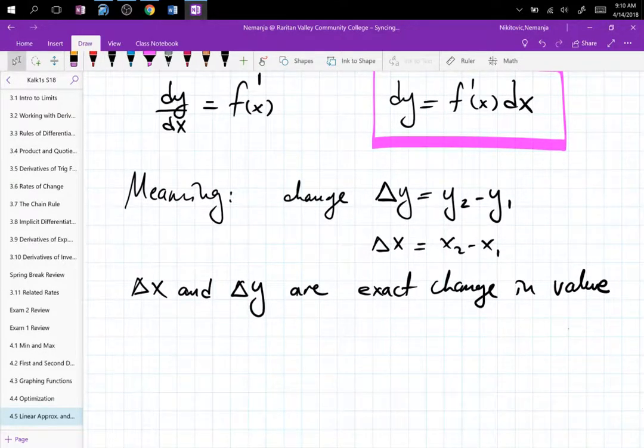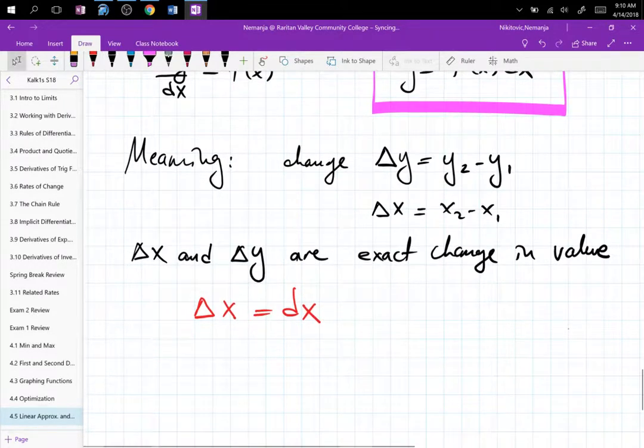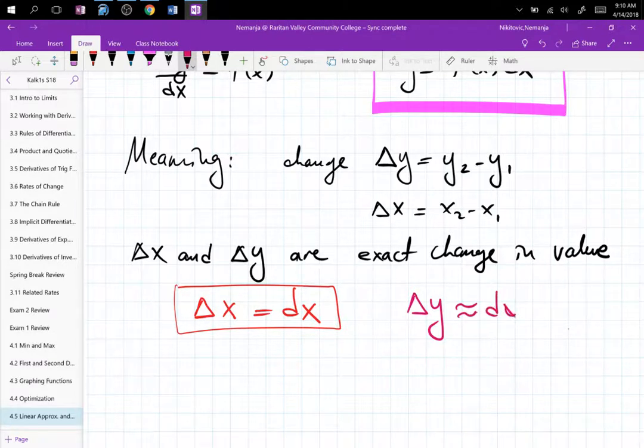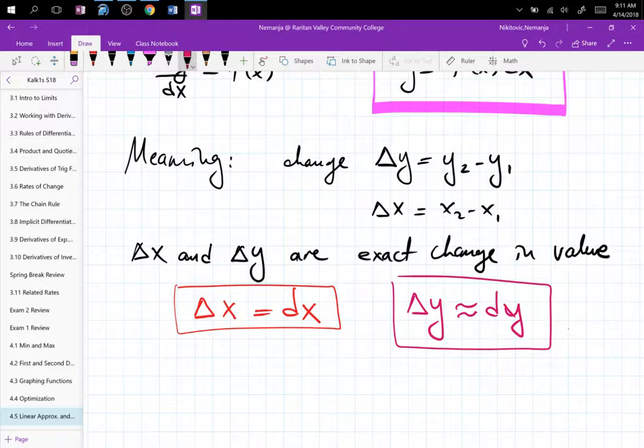Now, the change in x is the same as dx. And here is the line that defines our differential. Change in y is approximated by dy. And this is where the approximation comes in.